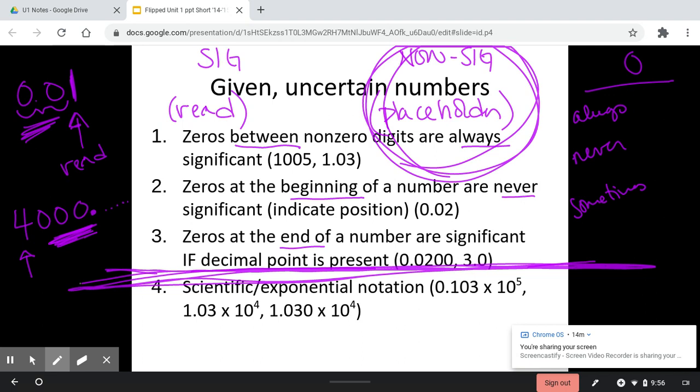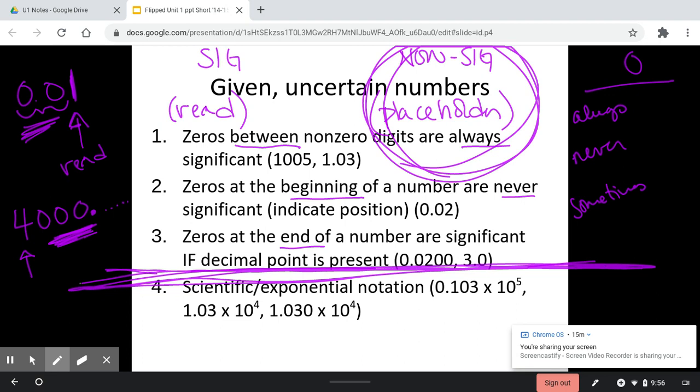Things in the back can also be placeholders, like these 3 zeros. They're holding the place value of my 4. I want that 4 to mean 4,000, not 400 or 4, right? So I need these zeros to hold that place and give that 4 the value that it deserves. But I didn't actually read these numbers off of my device, and so they are non-significant numbers.